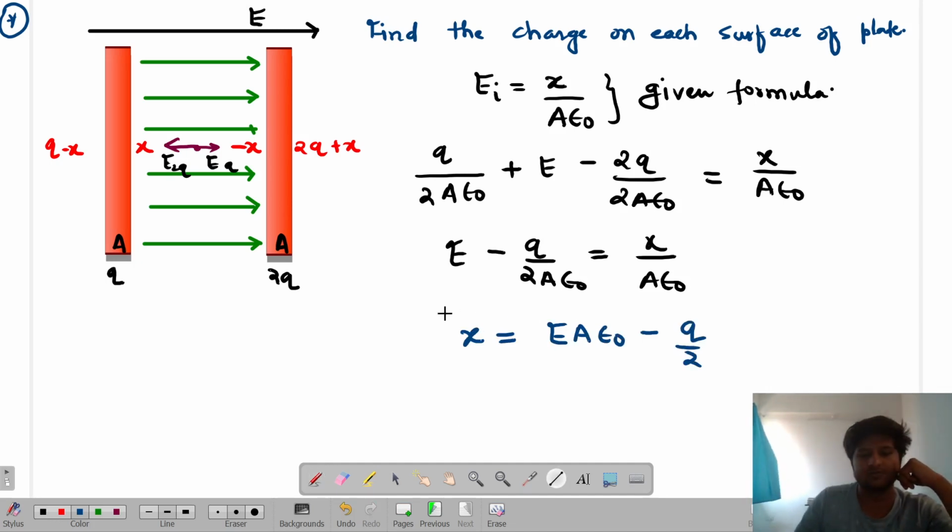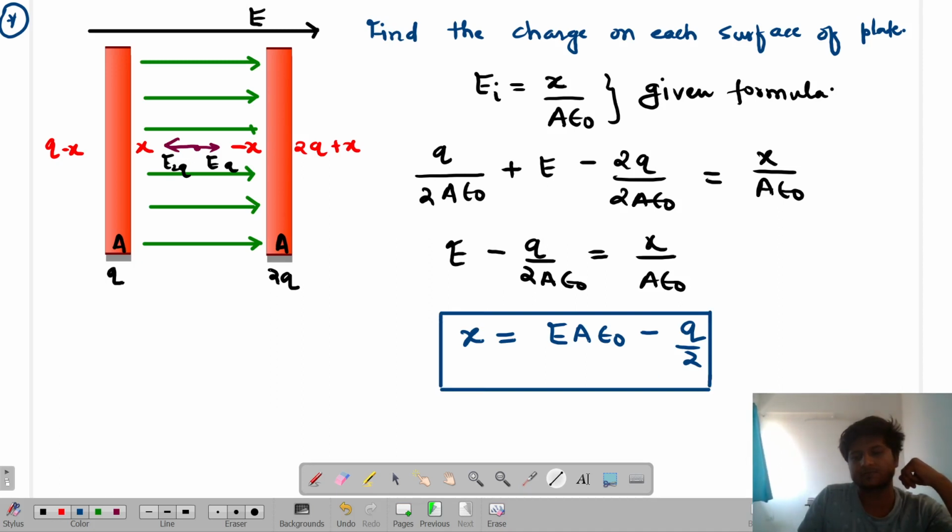That's my value of the charge on the inner surface in the presence of an external electric field. Are you able to get me? Your electrostatics is over. This chapter is over. Got the idea?